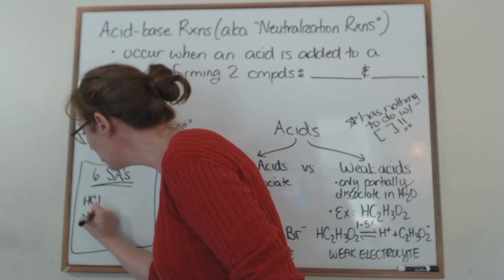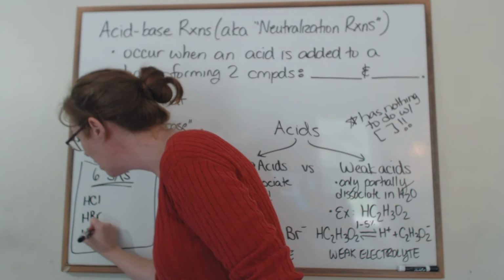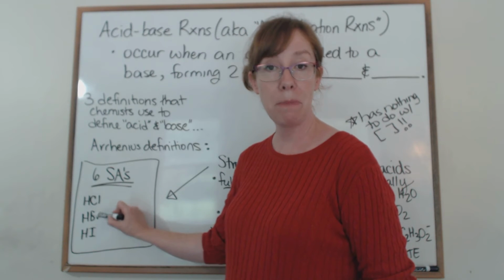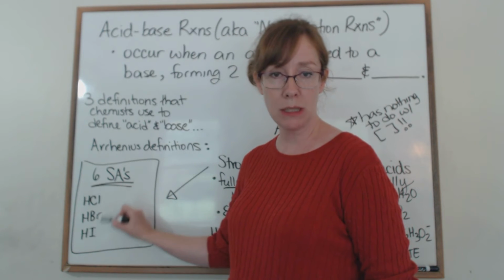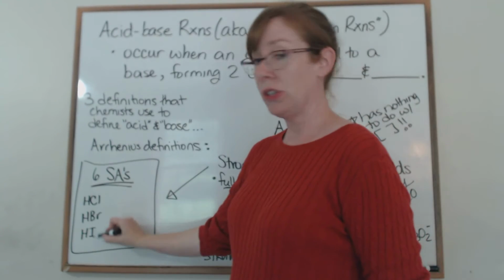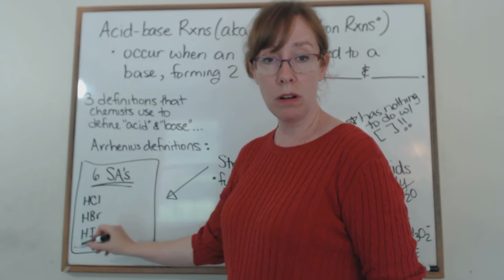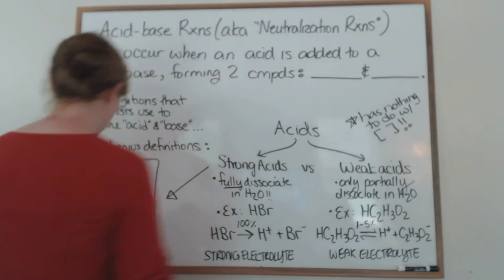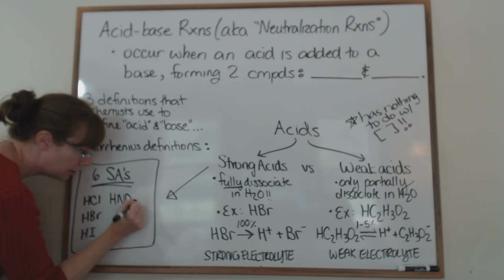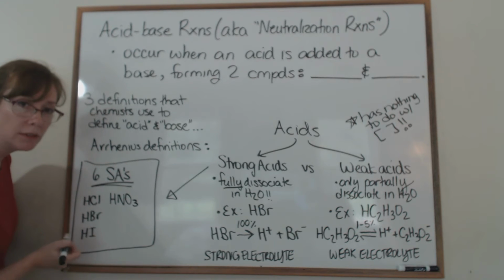So hydrobromic and hydroiodic are the other binary acids, which is 2 atom acids. We talked about binary acids when we talked about how they're named, that are strong. So they're in the strong acid club. The others are nitric acid, very potent, okay?